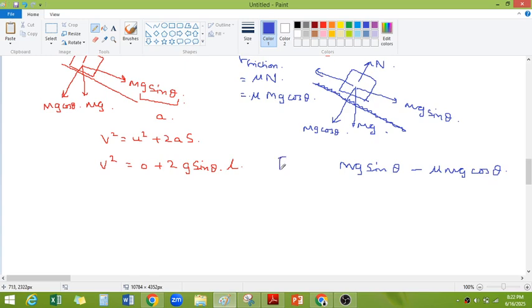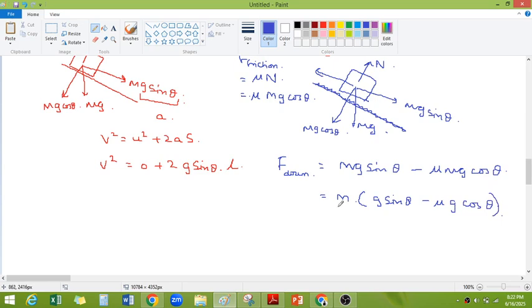This you can call it as force downwards. So m, if I take it out commonly, g sin theta minus mu g cos theta.